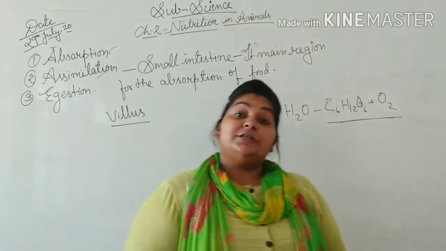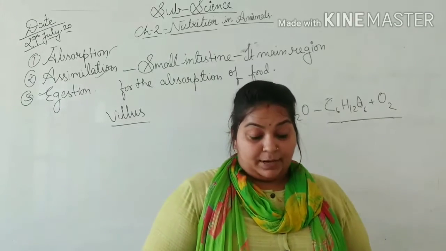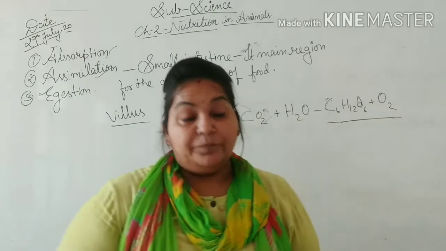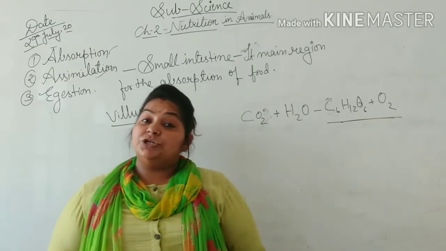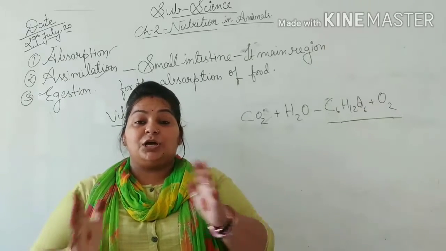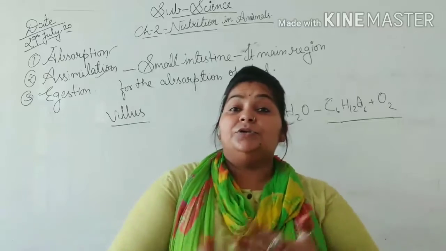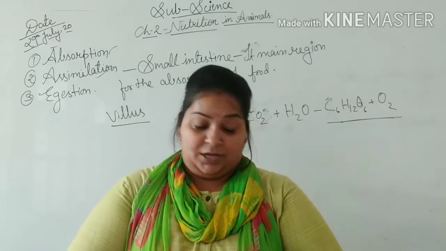Next, the proteins we have taken are changed into amino acids, which are also used to build up cells or repair worn out tissues and cells. So in assimilation, the nutrients that are broken down are used in other forms for the utilization of our body.